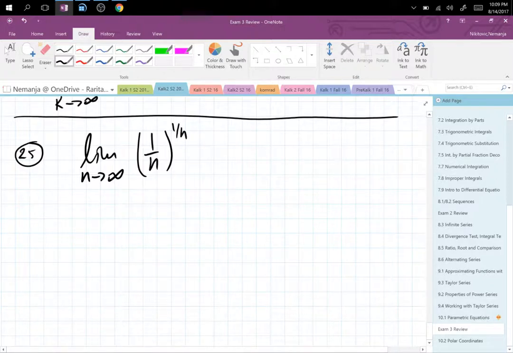All right. Here's one more problem, and we can try to trick this. So you can use ln, right? But maybe we can trick this using the substitution k equals 1 over n. Why not?